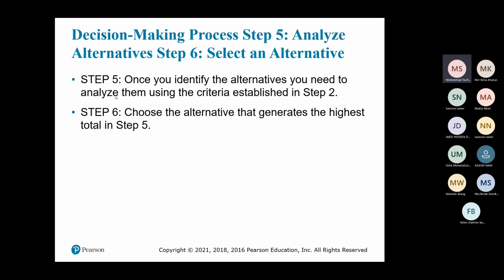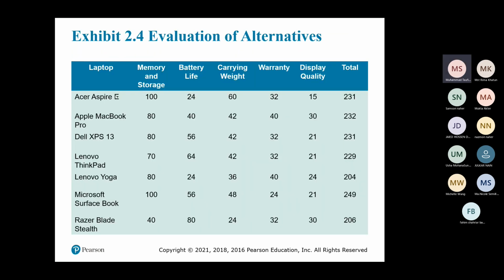And then the next step is you multiply the score of your choices with the weightage of your criteria. For example, memory and storage, the weightage is 10, right? We use the Acer Aspire E as an example.